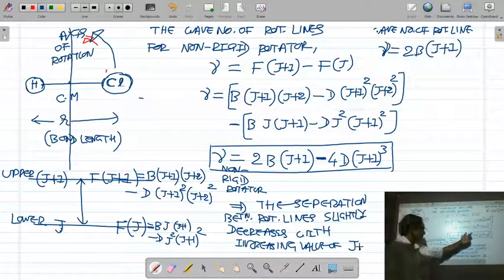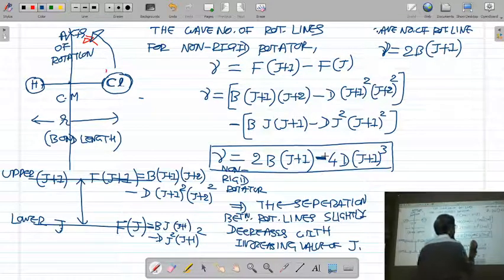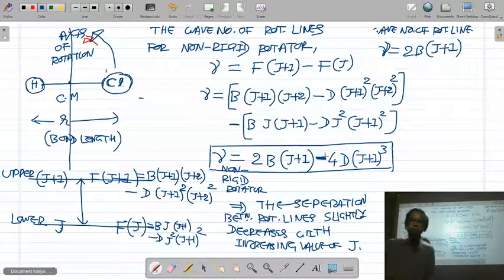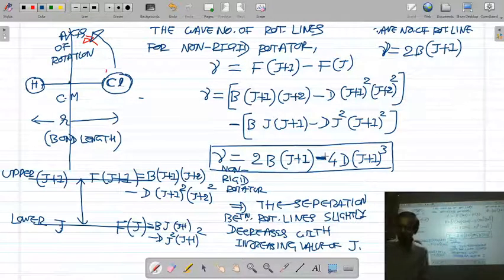So our conclusion from this equation is this: due to this negative term, the separation between rotational lines of a non-rigid rotator slightly decreases with increasing value of quantum number J.